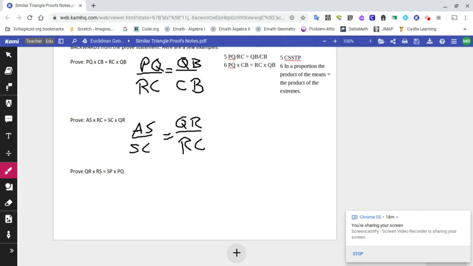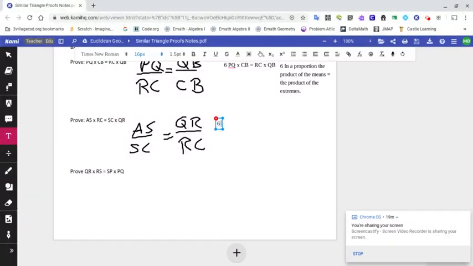Suppose it took 5 statements to prove the two triangles are similar to each other. That would mean step 6 would now be the proportion AS divided by SC equals QR divided by RC.